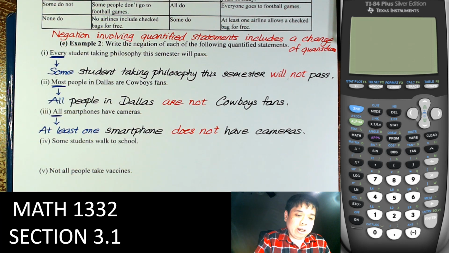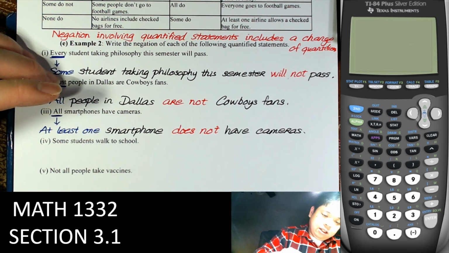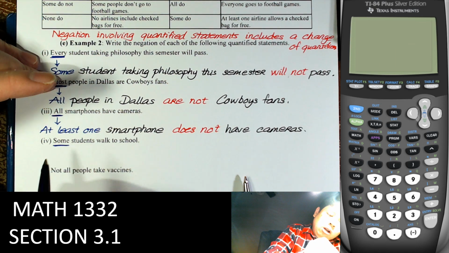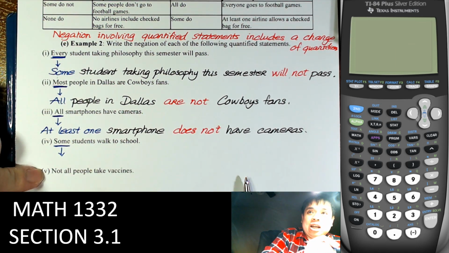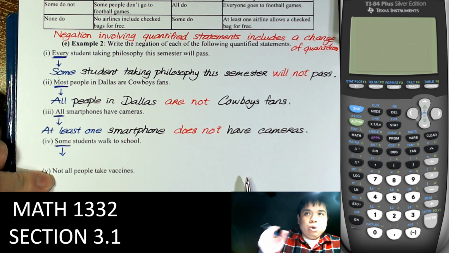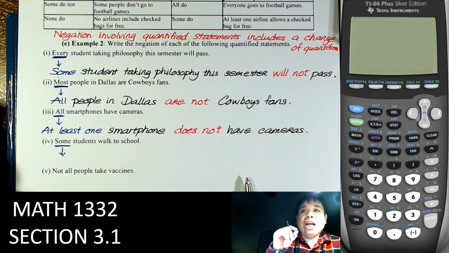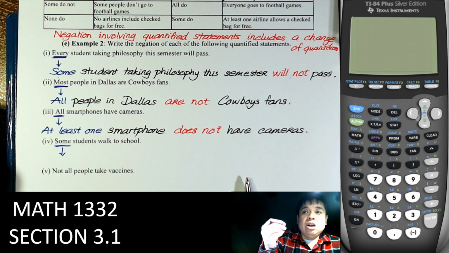Then say some students walk to school, and this is an existential quantifier. So we change that to: none of the students walk to school. That will be enough because "none" includes the negative meaning.